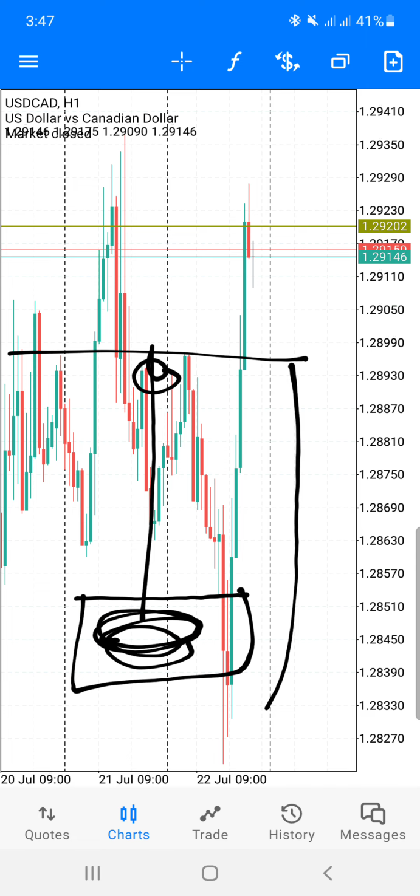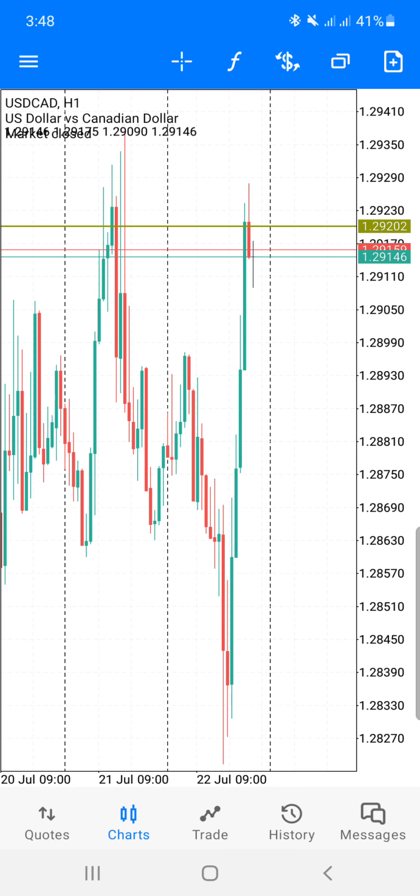Let's assume resistance, then form a very long wick, sometimes with little or no body, or even a doji. Then you notice that price begins to go down. Now we call that price rejection. We can say that price came to the resistance, got rejected at the resistance, and started selling. Or in the case of a support, price came to the support, got rejected, and started buying.